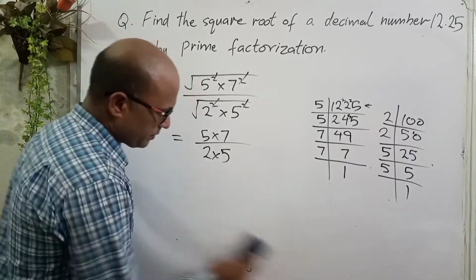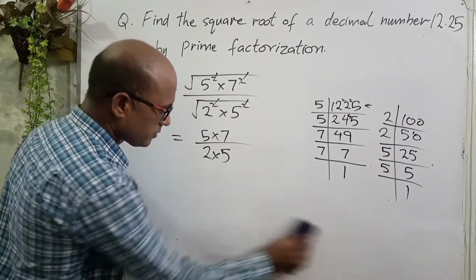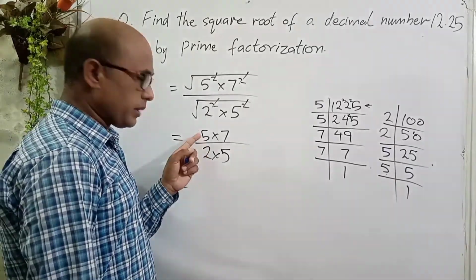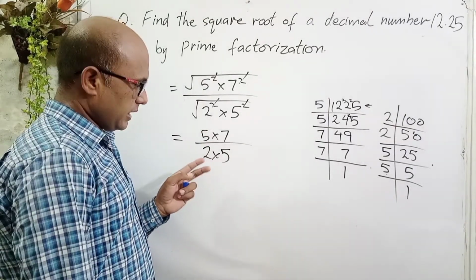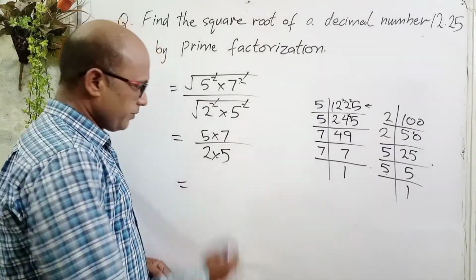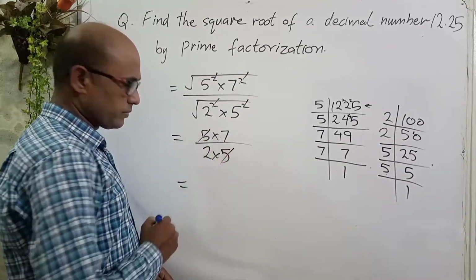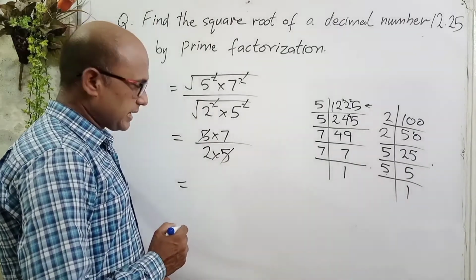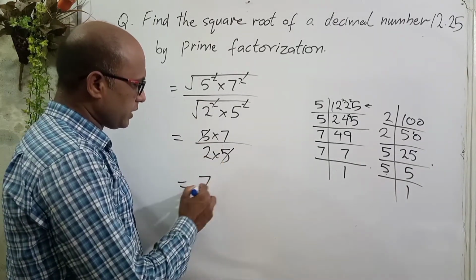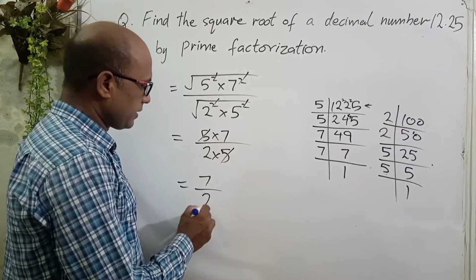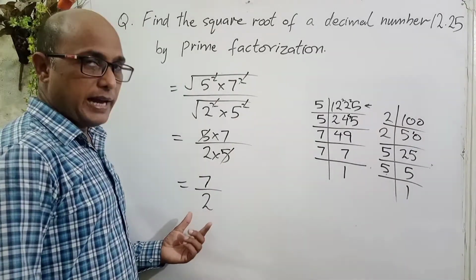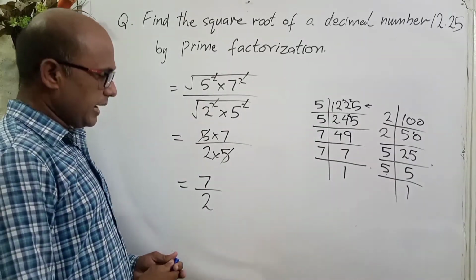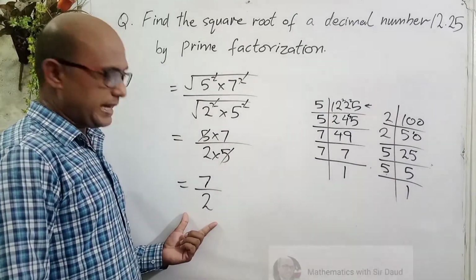Let's erase this step. Look carefully. Is there any number in the numerator and the denominator which is the same? We can cancel them. 5 and 5 are the same, so we can cut them, and the leftover is 7 by 2.